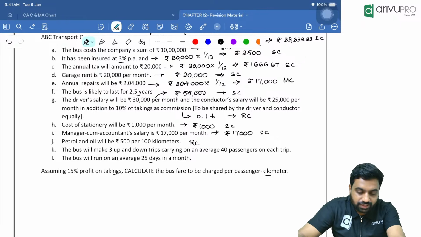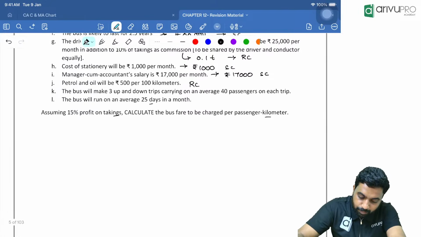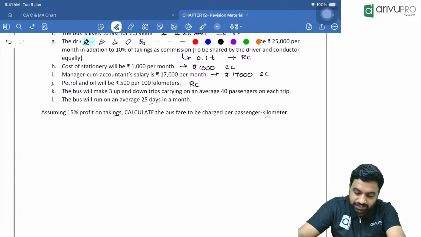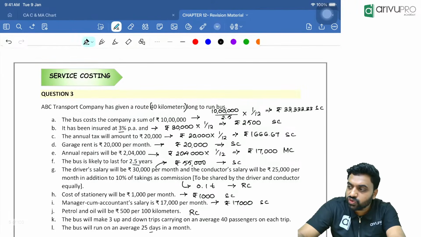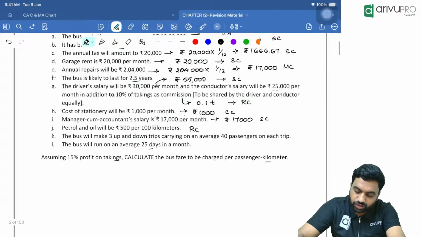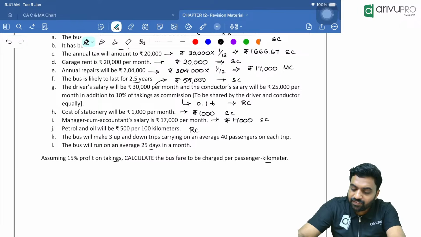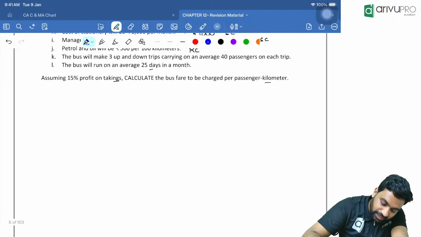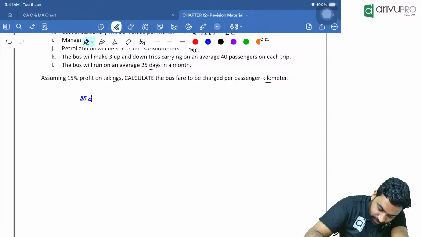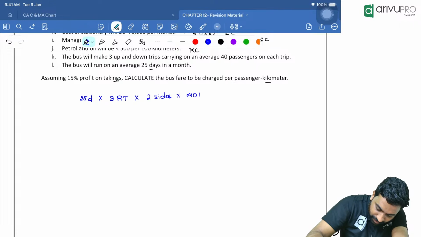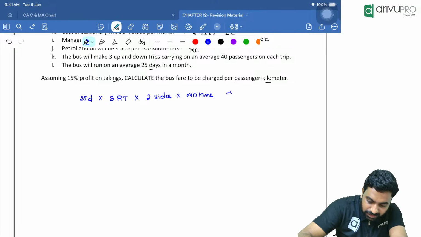First, see there. The bus will make 3 round trips, 3 up and down trips, right? That means the bus will travel for 240 kilometers, on an average carrying 40 passengers on each trip. The bus will run on an average 25 days. So that means, 25 days, 3 round trips of 2 sides of 40 kilometers, and only one bus is there.